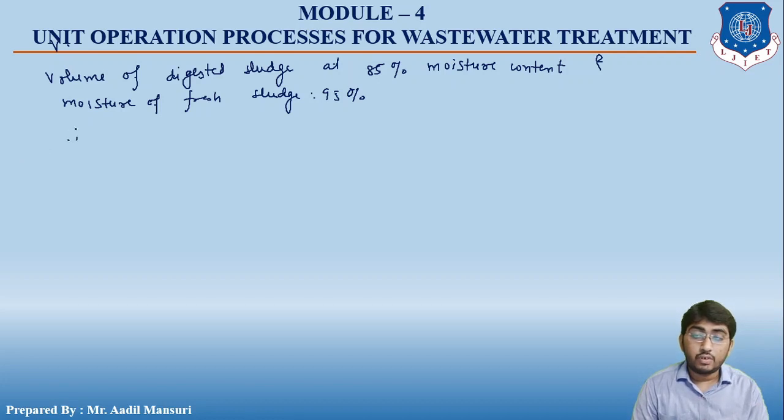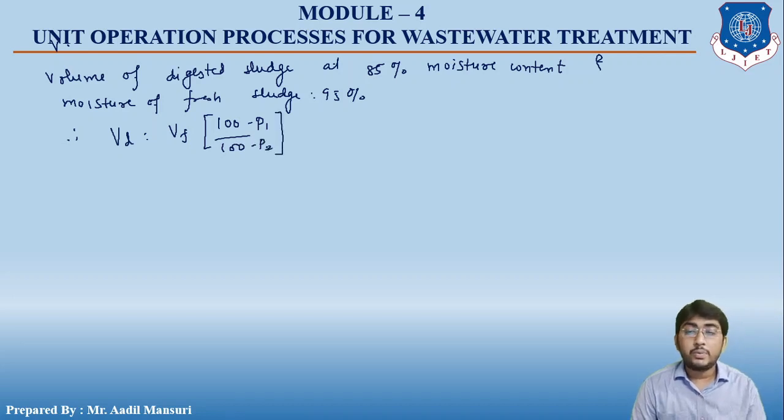So therefore Vd will be equal to Vf into (100 minus P1) upon (100 minus P2). So this is the equation for finding out the digested sludge, right? Where P1 is the moisture content of fresh sludge and P2 is the moisture content of digested sludge.